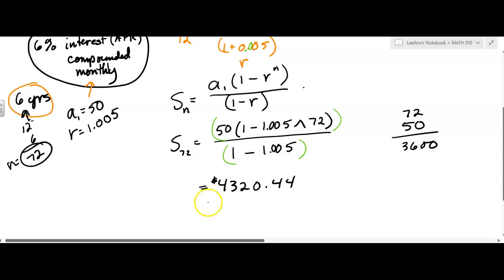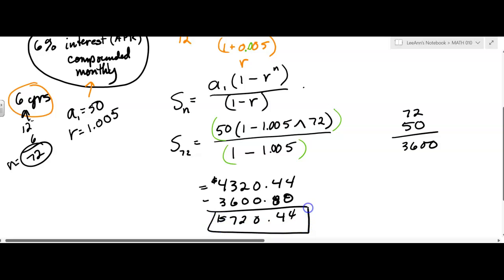Okay, so what's the difference then? So if you want to know just how much interest you made in the 6 years, you made $720.44. Okay, but it was a good way to save money for the college. Probably not enough though.